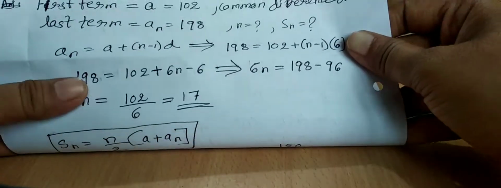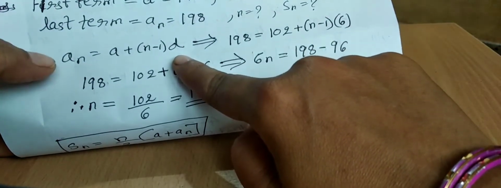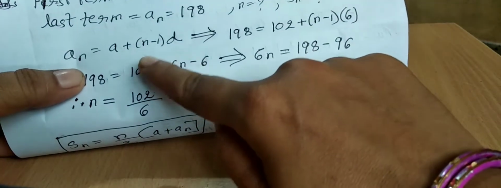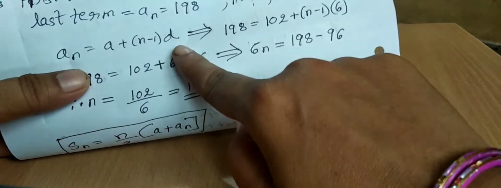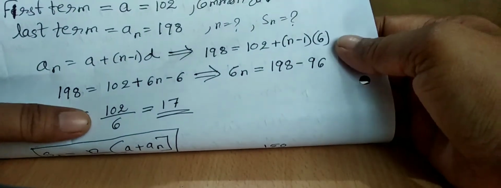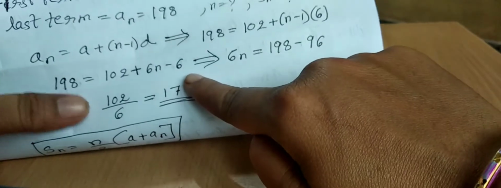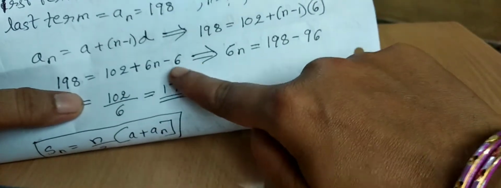So to find n, I have to substitute the last term in the general form of the arithmetic progression term, an equals a plus (n minus 1) d. So 198 equals 102 plus (n minus 1) times 6. On simplifying, 102 plus 6n minus 6 is 198. It implies that 102 minus 6 is 96.